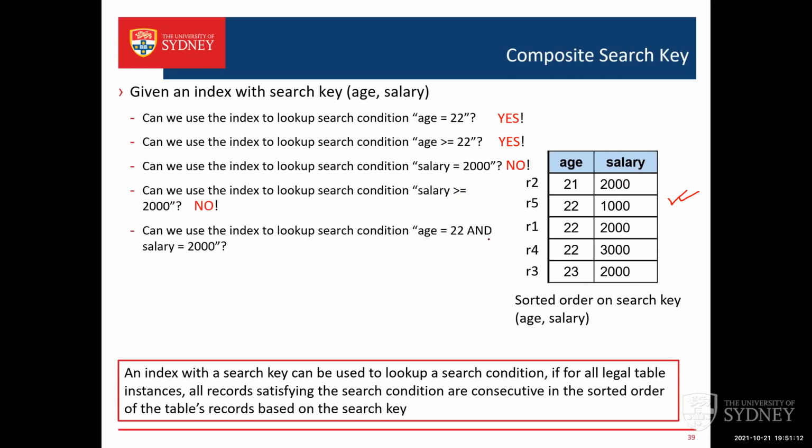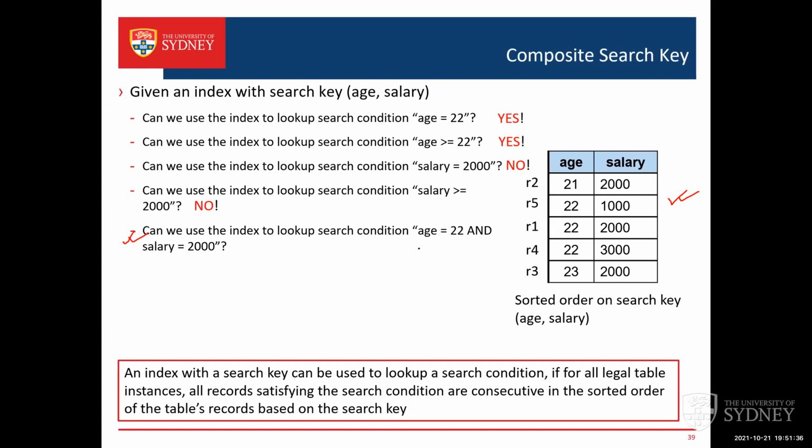No as well. What about this one, age 22 and salary equal to 2000? Can I use this index? Yes or no for this query? This condition is age 22 and salary equal to 1000.